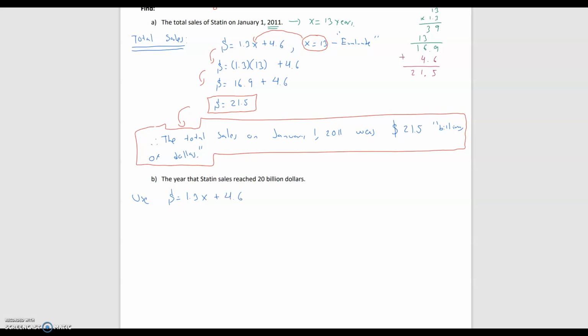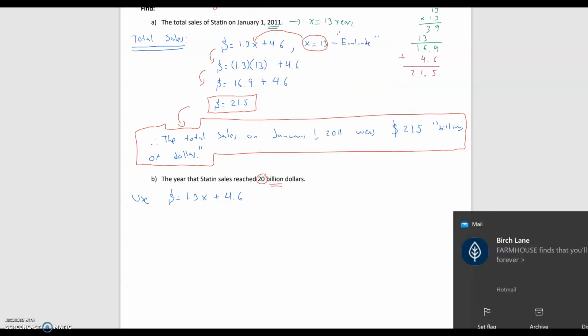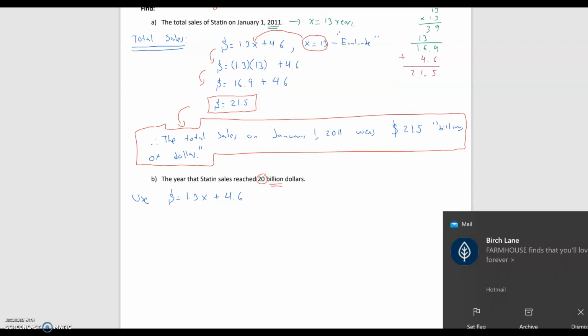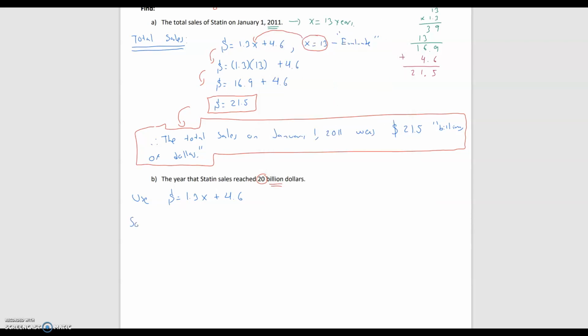And they want to know when this formula is equal to 20. And remember that the units are billions of dollars. So technically, we're going to have to solve 20 is equal to 1.3x plus 4.6.